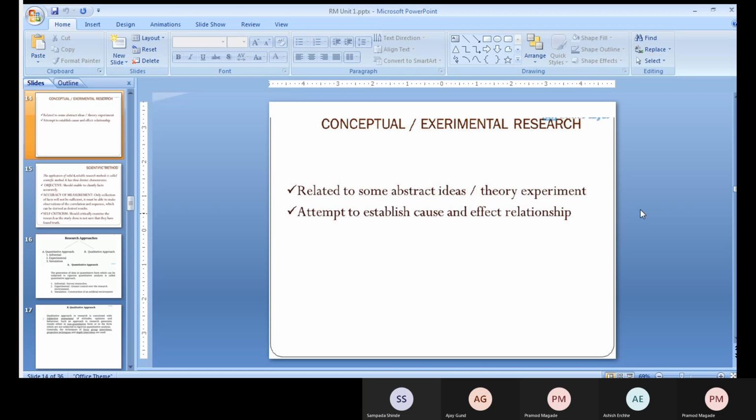Understood? So the basic difference between conceptual and experimental is that conceptual is related to ideas, and experimental is totally related to implementation, their problems, their lacunas, their conditions, requirements; everything keeps changing in case of experimental. So that we need to find, that we call the third type of research, conceptual experimental research.